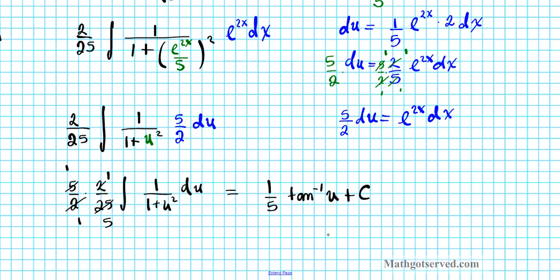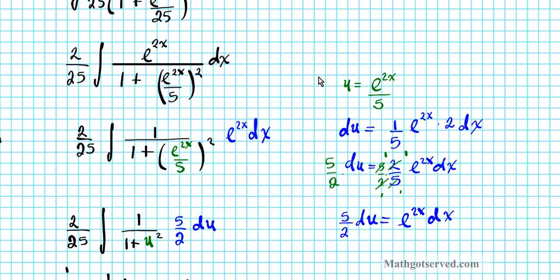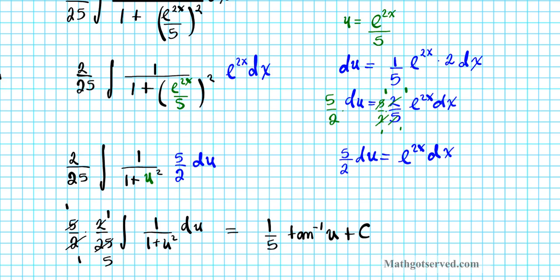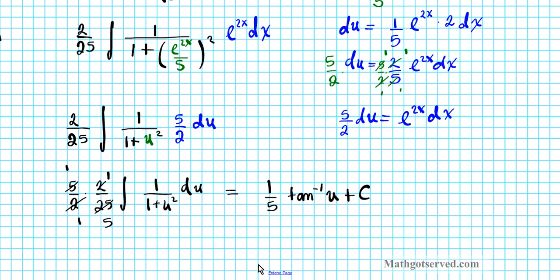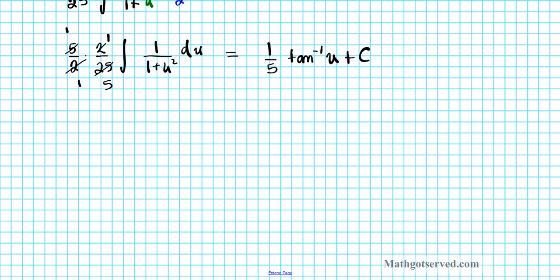Now, this is not the final answer. Remember that u, we stated earlier, should be e to the 2x over 5. That's what u is. So we're going to plug in the value of u back into our antiderivative here, and that should give us the final answer.